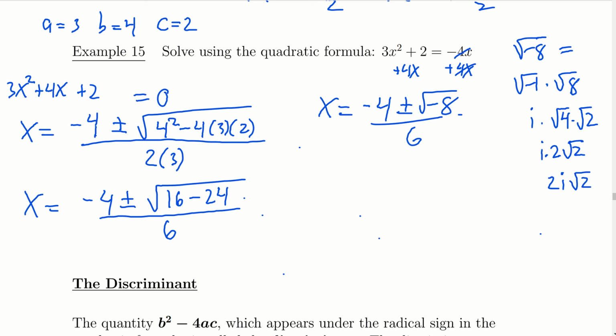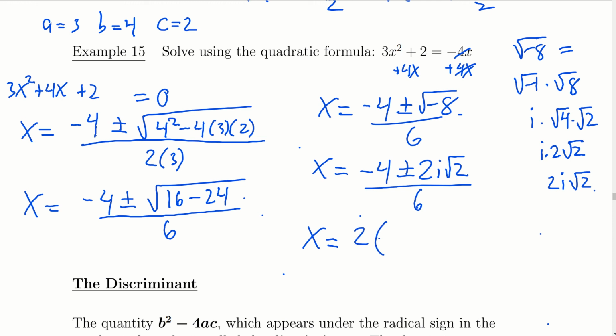So we get i times 2 square root of 2, which most often people will write as 2i square root of 2. So we get x equals negative 4 plus or minus 2i radical 2, all divided by 6. And we can simplify this a little bit more. There's a common factor of 2 in the numerator, which we can factor out.